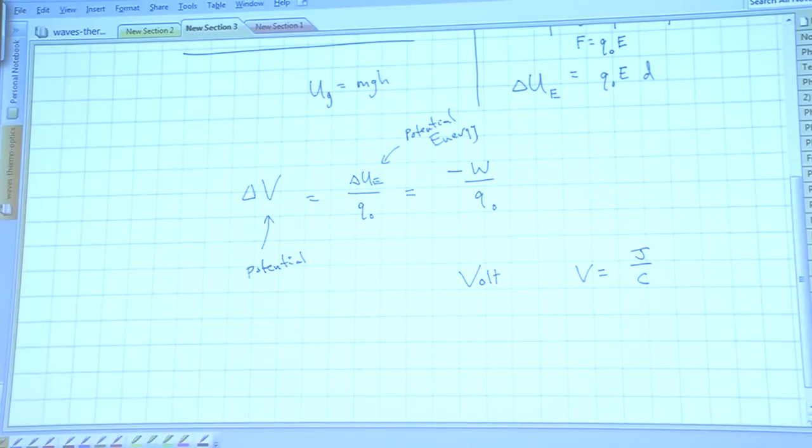Okay, and there's one more relationship that's handy. And that's how, when we move a charge through an electric field, the work done, I just did it, right? The work done is Q times E times the distance that we've moved it, right? The change in position, the distance that we've moved it. And so what do we end up with for our voltage?